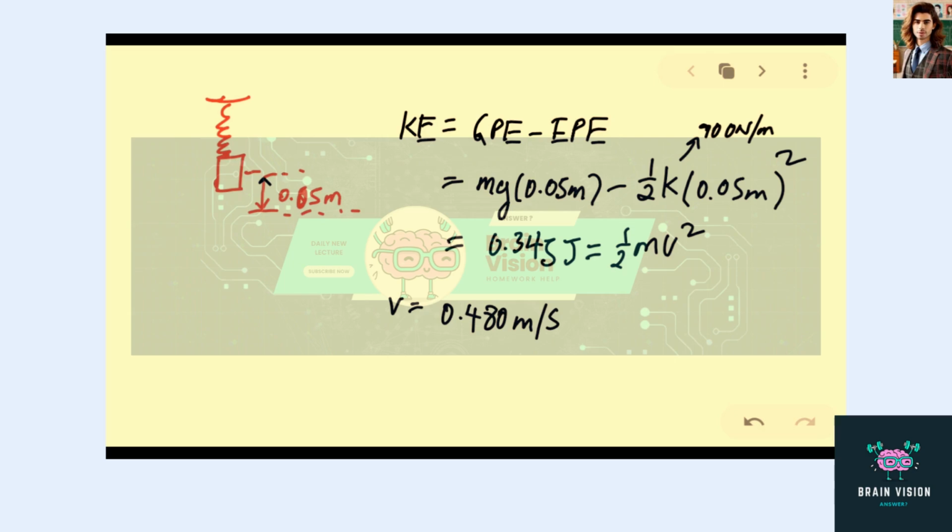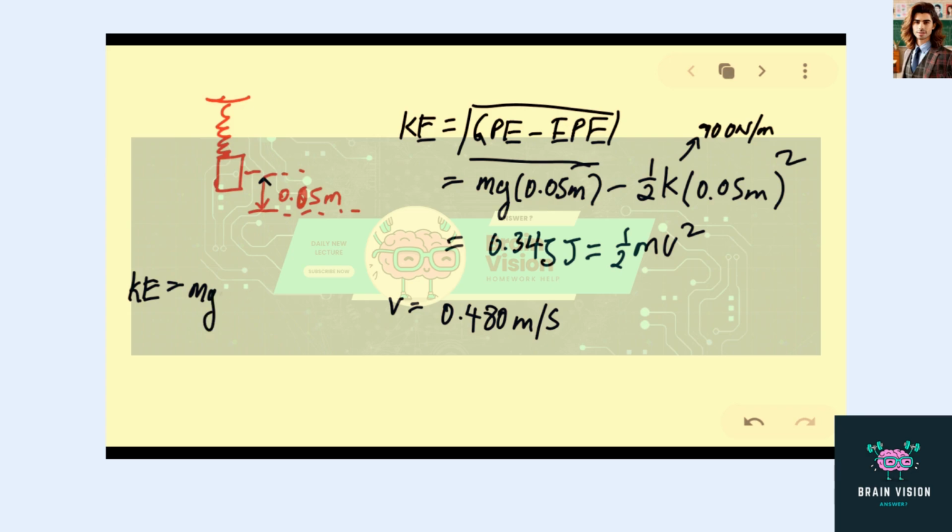Now to find the maximum kinetic energy, this is not as simple. We will have to look at the entire expression for the kinetic energy based on our previous explanation, which is equal to the gravitational potential energy minus away the elastic potential energy that is being stored.